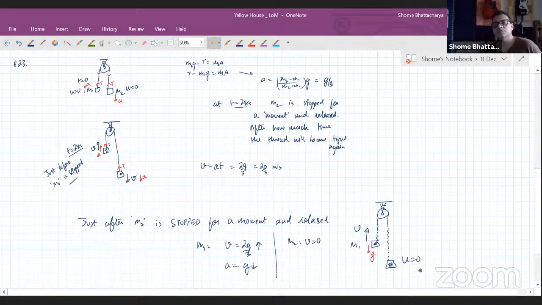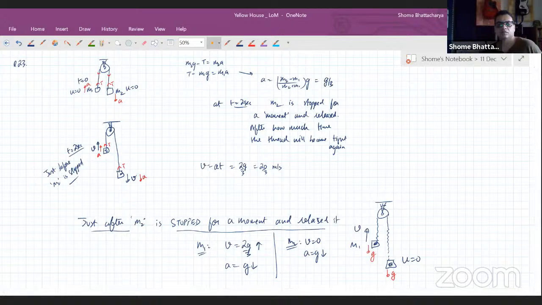M2's velocity has become 0 because you stopped it. And because tension in the string becomes 0, it also has a downward acceleration of g. So its acceleration is g downwards. This is the state for M2, this is the state for M1, in the moment just after we have stopped and released.